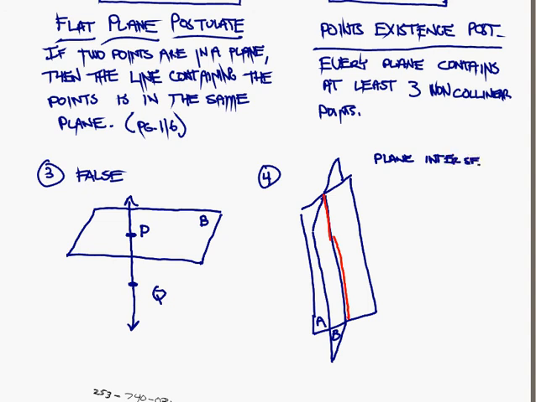The plane intersection postulate states that if two planes intersect, then their intersection is a line.